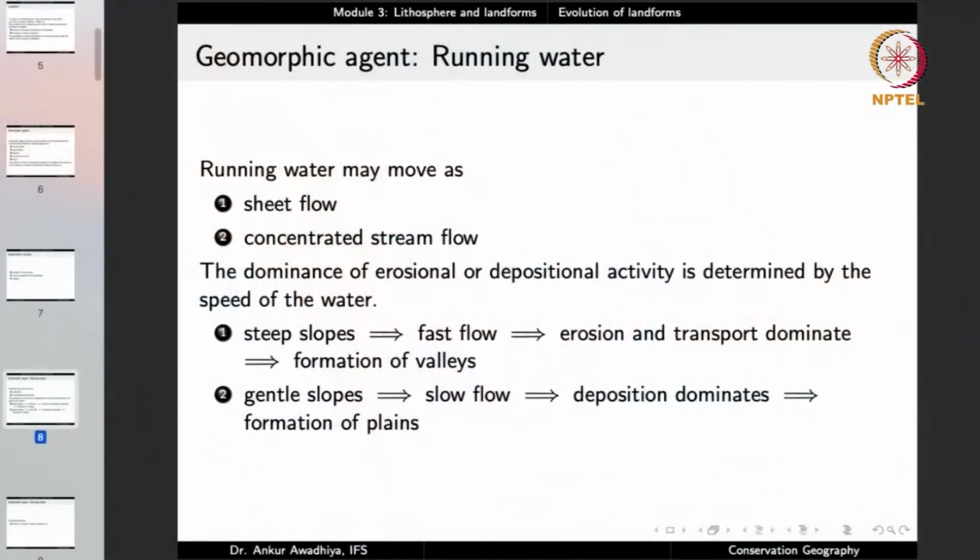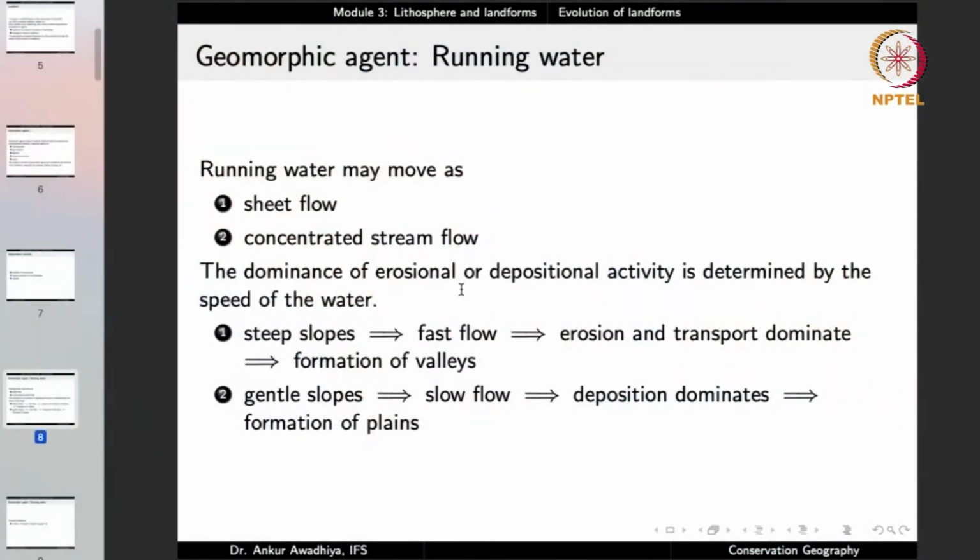In the case of a stream flow, the water gets concentrated in the form of streams or channels. Now when water gets concentrated, more water flows per unit time in a much smaller area of land. Because of this concentration, the erosional activity of water increases manifold.